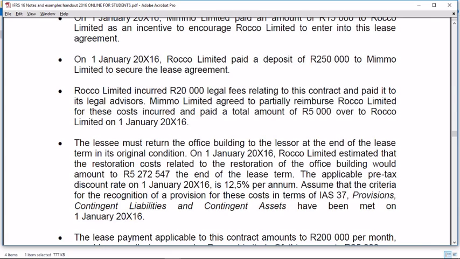Rocco Limited also incurred 20,000 Rand legal fees relating to this contract and paid it to its legal advisors. Mimo, the lessor, agreed to partially reimburse Rocco Limited for these costs incurred and paid a total amount of 5,000 Rand to Rocco. Then the next paragraph dealt with the present value of the restoration costs that Rocco Limited estimated, and it was already included in a previous discussion.